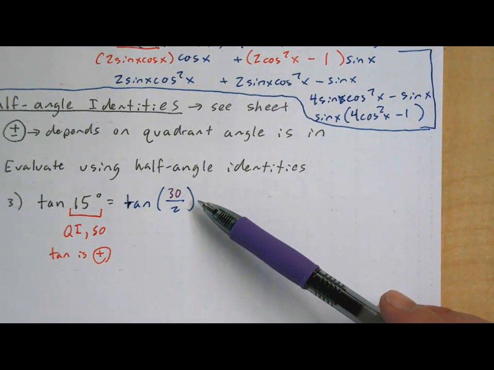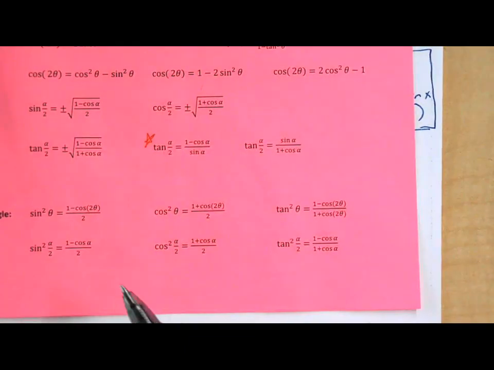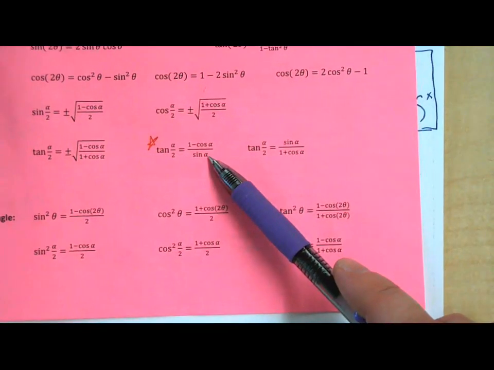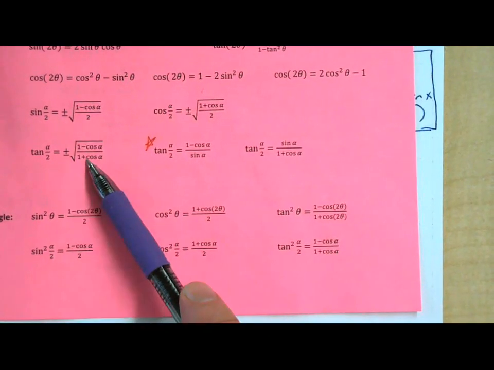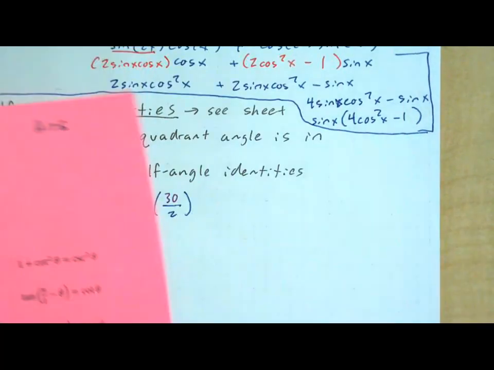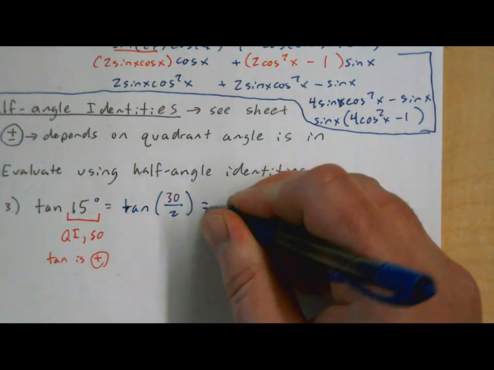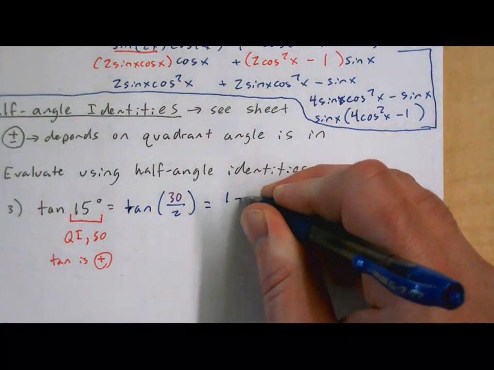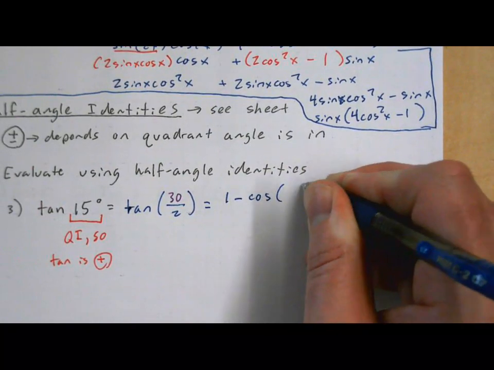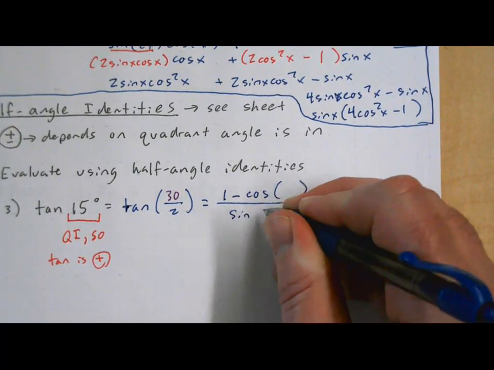All right, so let's pull this off. So I'm gonna go to my sheet and we're gonna pick which one we want to do. And again, I almost always default to the middle one because it doesn't have the plus or minus, it doesn't have a square root, and the denominator is simple. So I'm gonna rewrite this as, instead of tangent of something over 2, it's 1 minus the cosine of some angle over the sine of some angle.